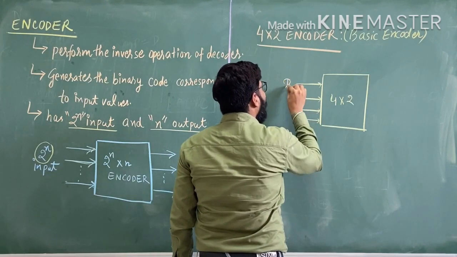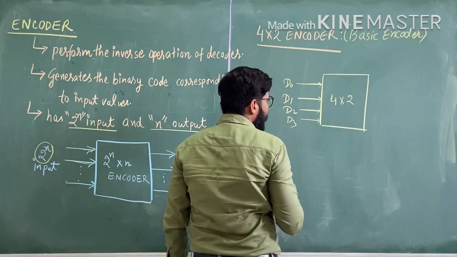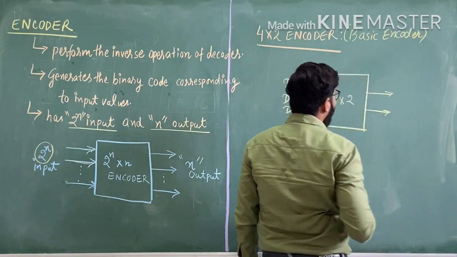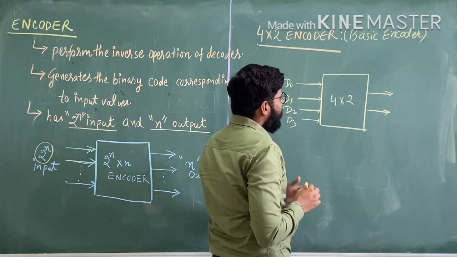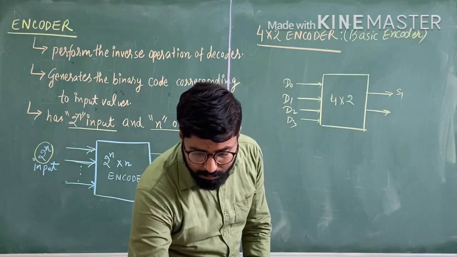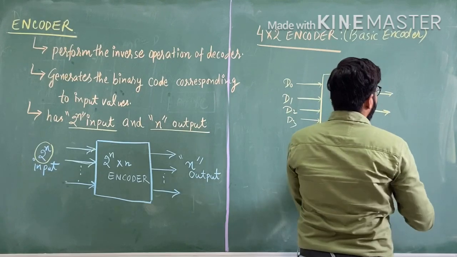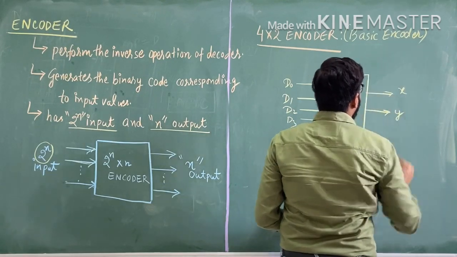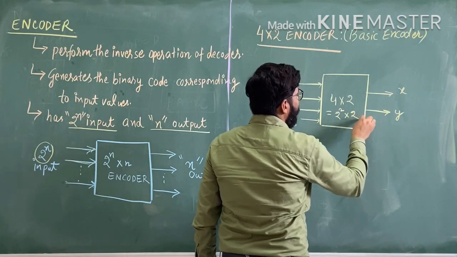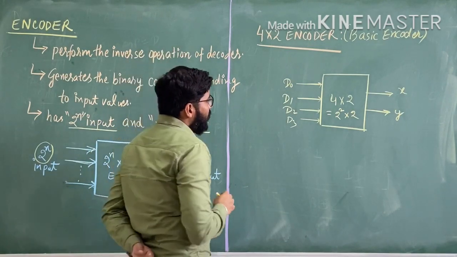Suppose this is D0, this is D1, this is D2, and this is D3. And here we have 2 outputs. We assume the outputs are x and y. We can also write it in this fashion, 2 raised to the power 2 into 2. So this is the 4 cross 2 encoder.